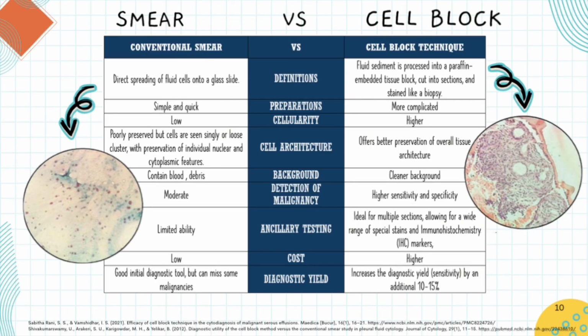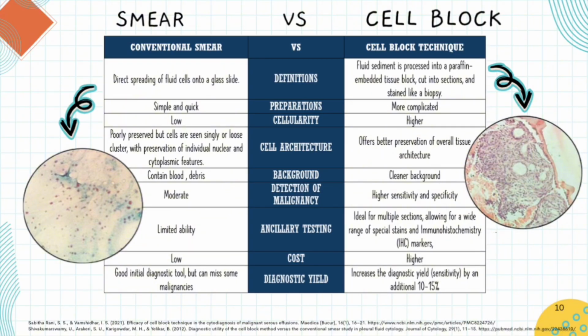Cell block also concentrates cells into a single block, resulting in higher cellular yield and improved diagnostic accuracy. The cleaner background further enhances cell visualization. Although the technique is more complex, time-consuming, and costly, it provides higher sensitivity and specificity. It also allows special stains and immunohistochemistry for tumor typing.